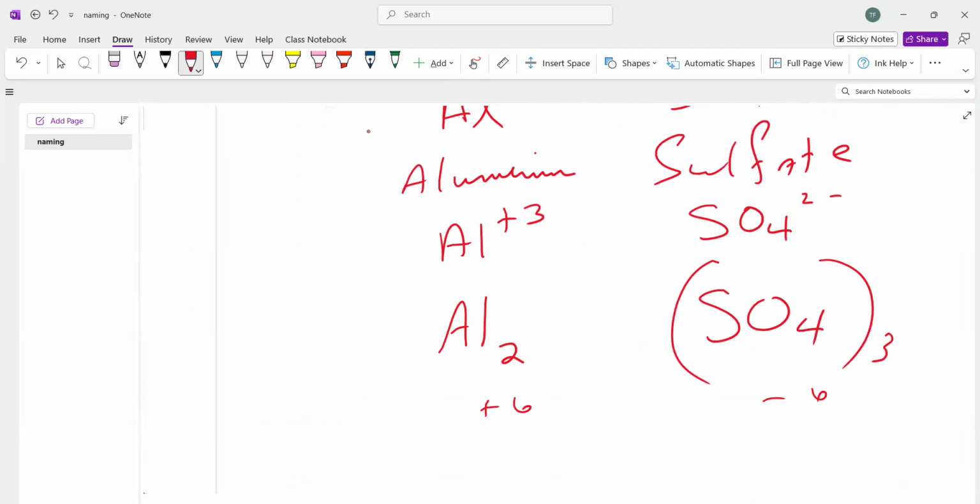Say you made a mistake and you went, oh, it's really 4 and 6 here. Because 4 times 3 is 12, and 6 times 2 is -12, so that's net 0. So, like in a balanced equation, if you have a factor of 2 in there, factor it out.